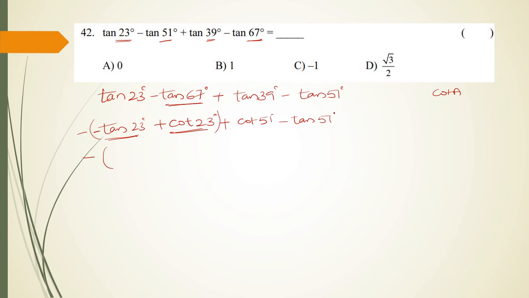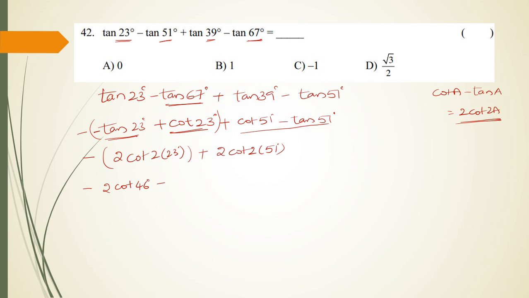We have a formula for that. Cot A minus tan A is equal to 2 cot 2A. This is the formula we are going to use here. So this becomes minus 2 cot 2 into 23 degrees plus, since cot A minus tan A is given, 2 cot of 2 into 51 degrees. This gives me minus 2 cot 46 degrees plus 2 cot 102 degrees.